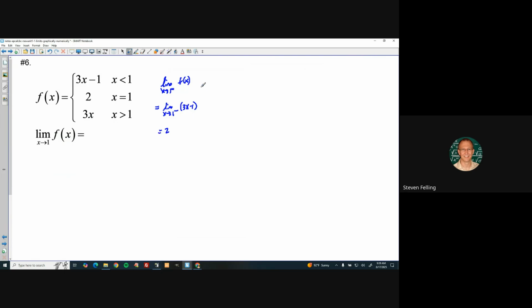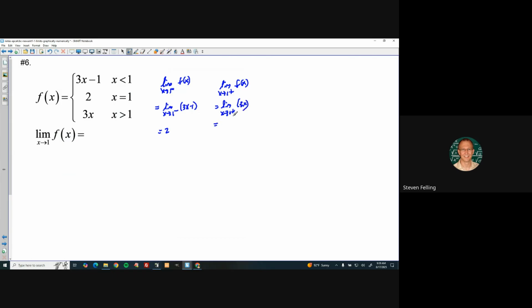All right, now let's go ahead and do this. Limit as x approaches 1 from the right of f of x. That is equal to the limit as x approaches 1 from the right of, I have to pick the right rule. Just on this side of 1, that is this rule, which would be 3x.